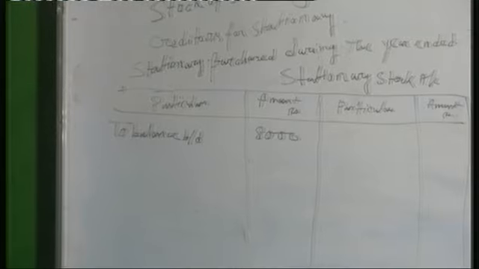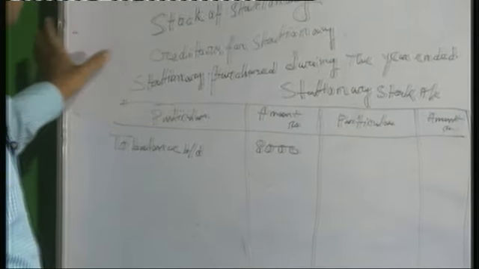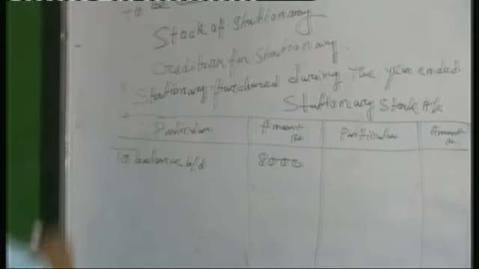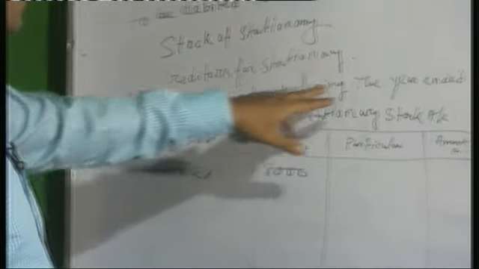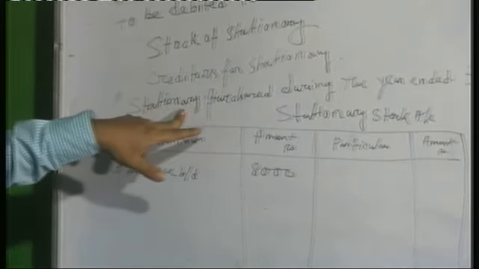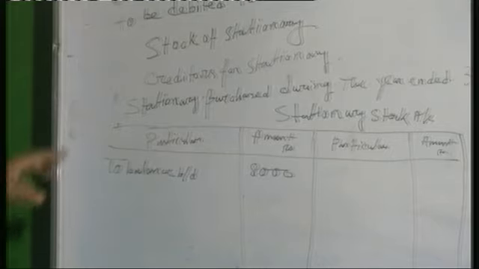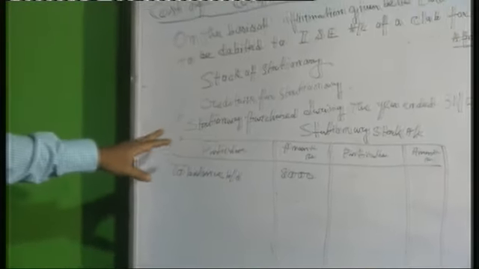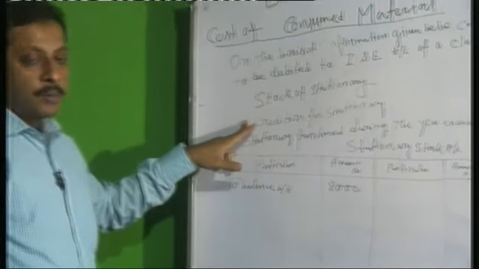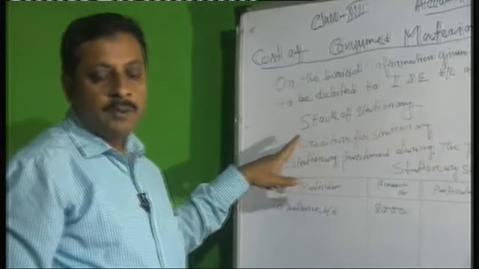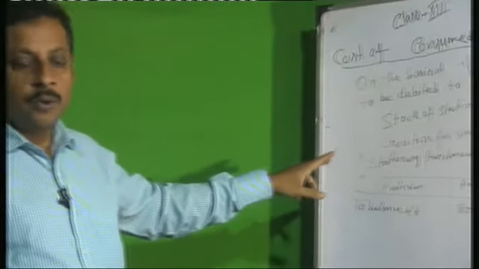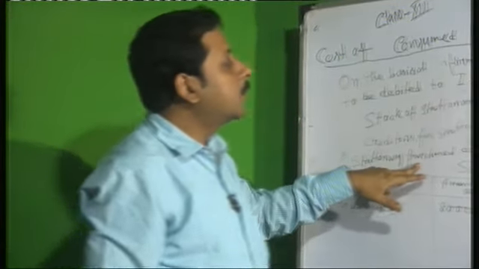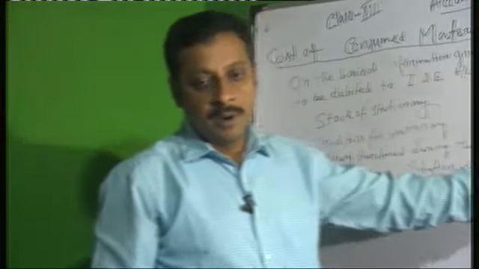So this information is already given in your example: the opening balance and the closing balance of stock. And there is also one more piece of information given, how much stationery was purchased during the year. Do you need to open a creditor's account? No, because this is only given in your example to confuse you. Don't get confused, because purchase during the year is already given, not the payment.